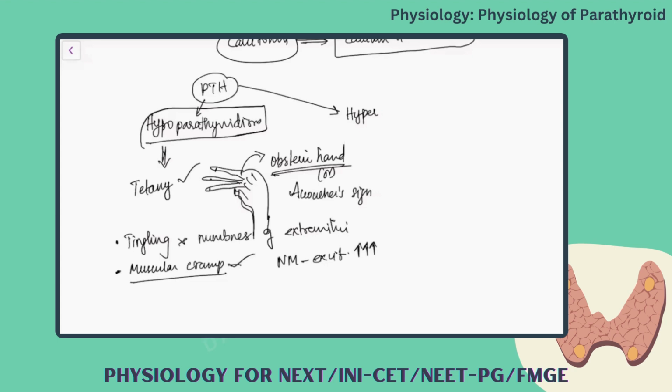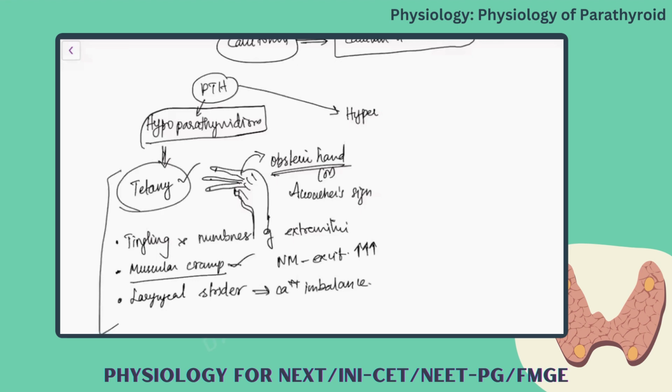And then there will be laryngeal stridor due to calcium imbalance. So these are the classic features you will see in the tetanic cases. Okay, and the other thing you have to see is hyperparathyroidism.